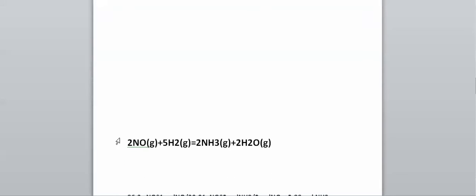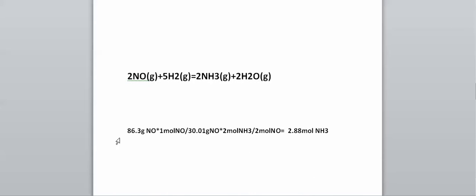We start with calculating how much ammonia we would get from nitrogen monoxide. So we have the weight of nitrogen monoxide, and at the end of the solution, we want to get moles of ammonia. We start by changing the grams of nitrogen monoxide to moles of nitrogen monoxide, and we can get that from the molar mass.